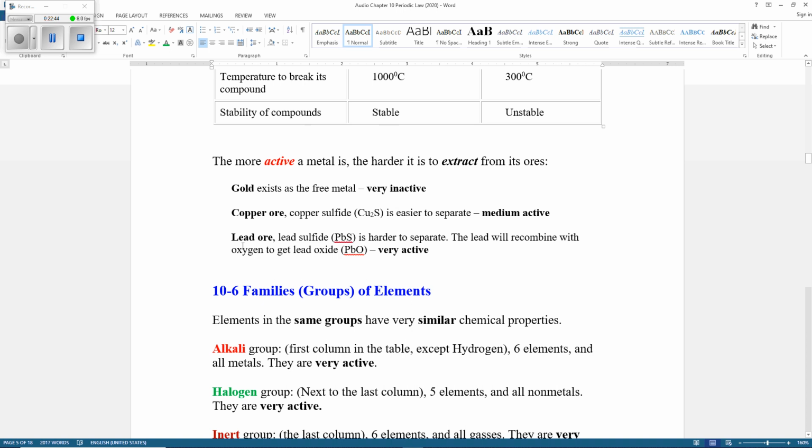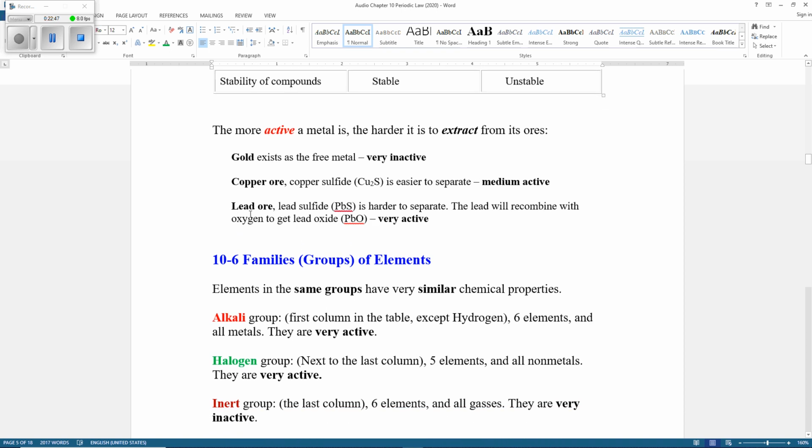But if you find lead, which is very active, you have to do something, because the lead is combined with others like sulfide, and you have to separate them before you can have the lead. See, I gave you examples. The very inactive one likes to stay alone, and the active one will combine with others.